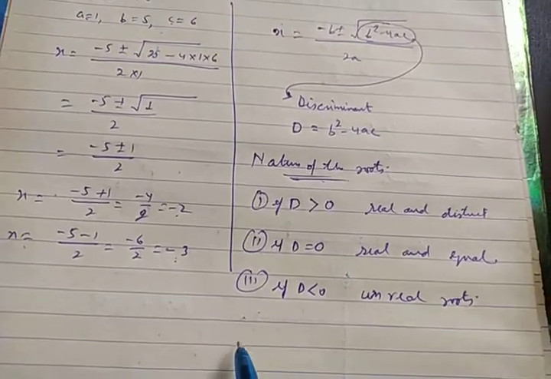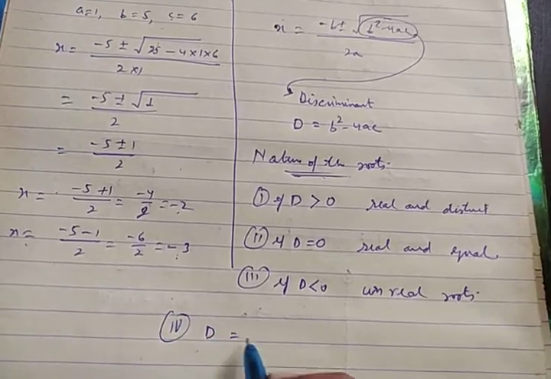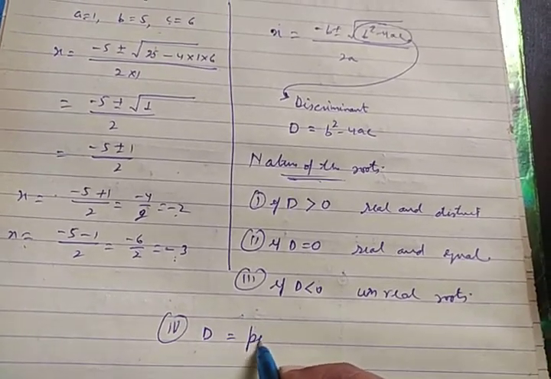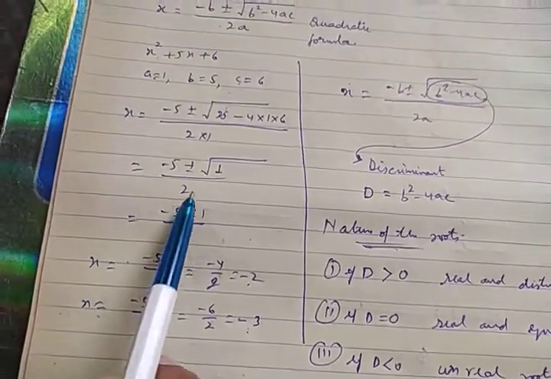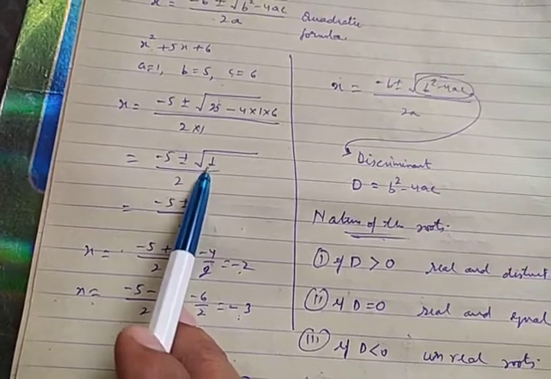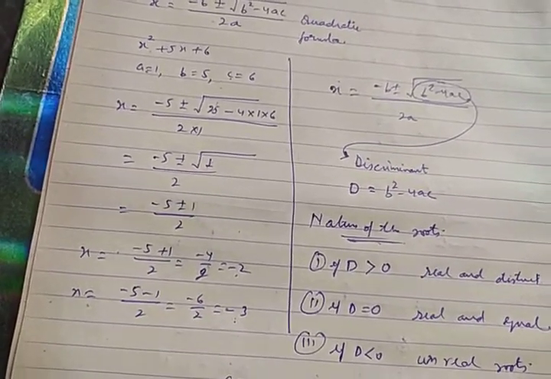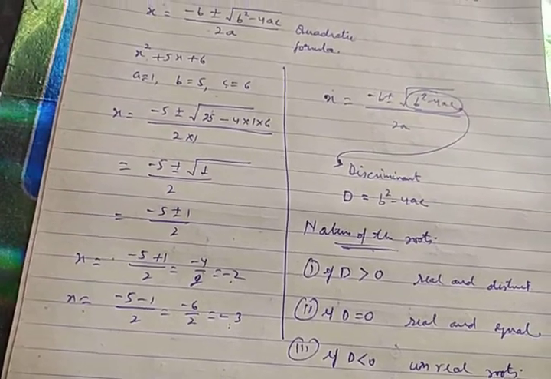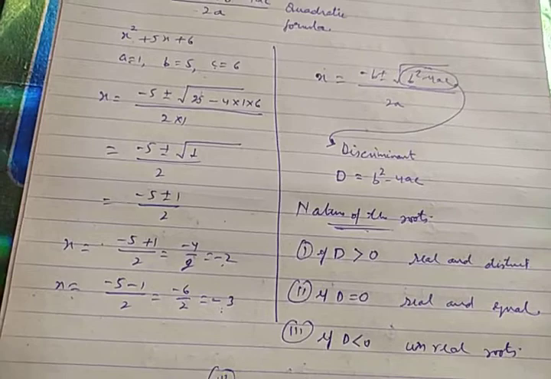And two more conditions arise. Fourth, D is equal to a perfect square. In our example it is coming 1, which is a perfect square number. Suppose it is coming 4, 9, 16, etc., the root will be solved. And in situations like 3, 5, 7, 11, the root will not be solved. These are two conditions.